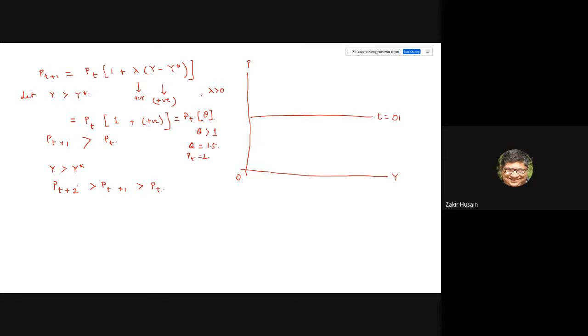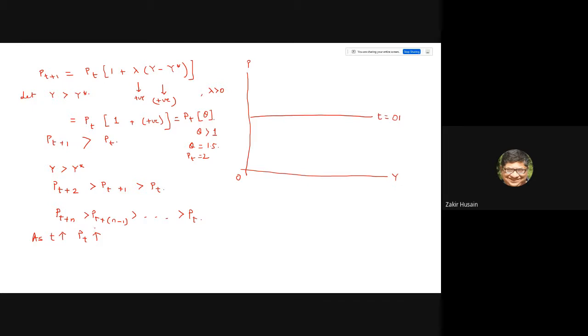And so if we extend this, as time is increasing, P(t) is increasing.